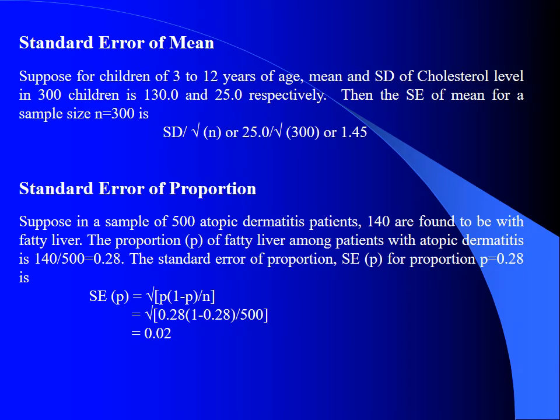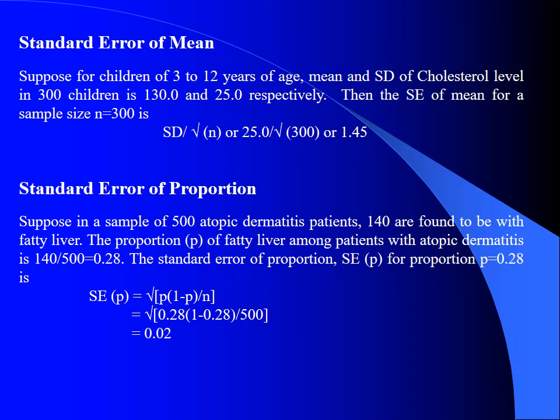Let us see how to compute the standard error for a mean. Suppose for children of 3 to 12 years of age, the mean and SD of cholesterol level in 300 children is 130 and 25. So these are the mean and SD; 130 is the mean and 25 is the SD.